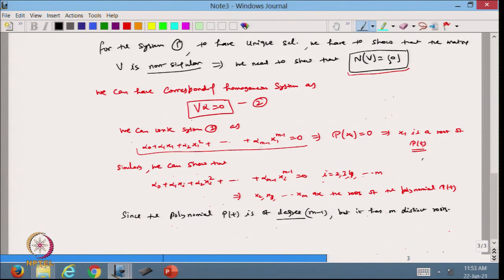It is of degree m minus 1, but it has m distinct roots, that is x1, x2 up to xm, that we have shown from here.